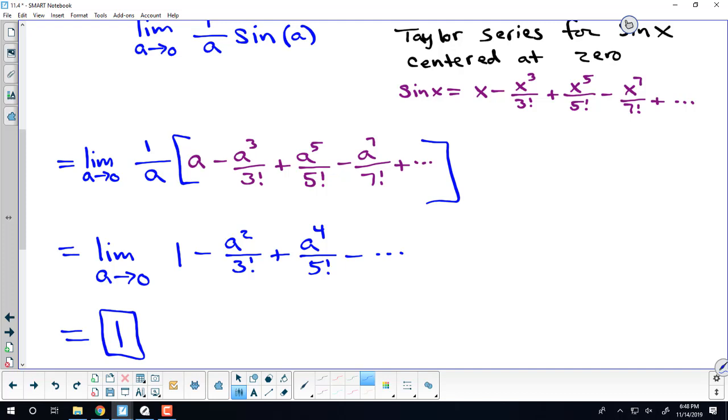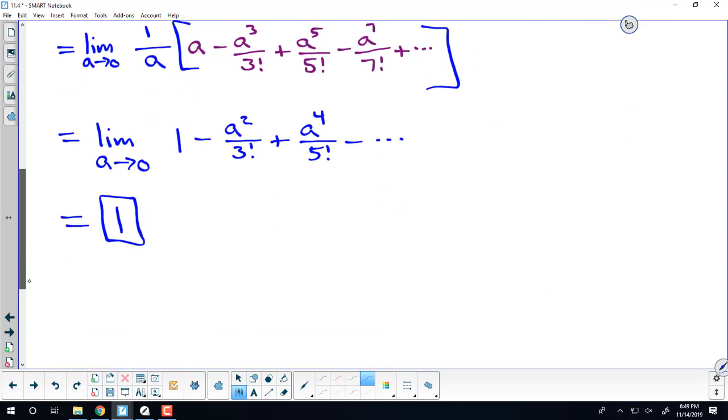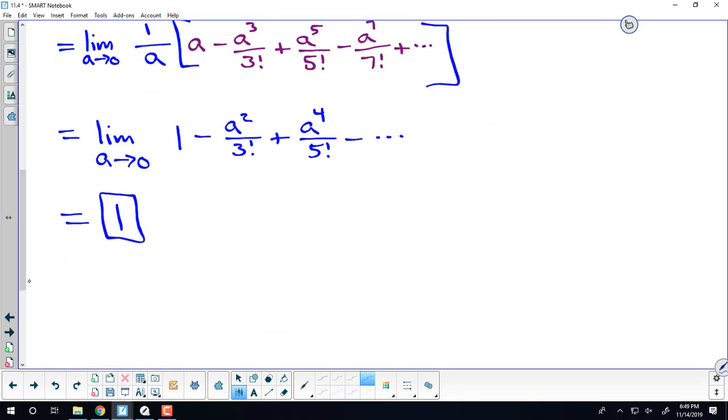This could also be useful there: if you had the sine of something that didn't exist, you could try this procedure instead of trying to find bounds on the sine function. So L'Hopital's rule would also give us a limit of 1, but this is an alternative way to think about it. Do y'all have any questions?